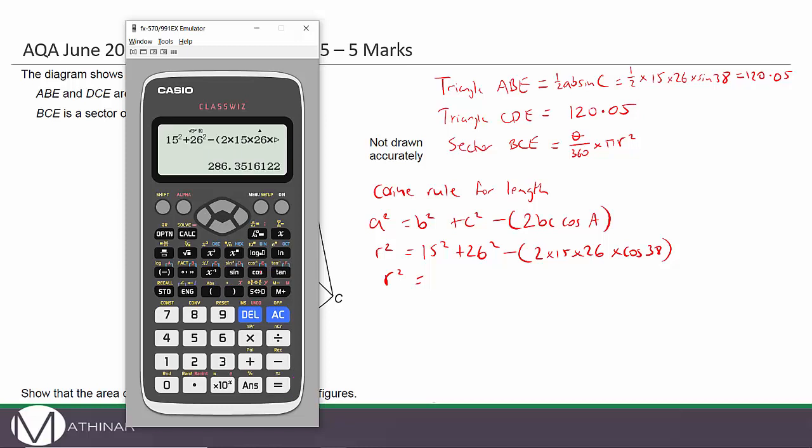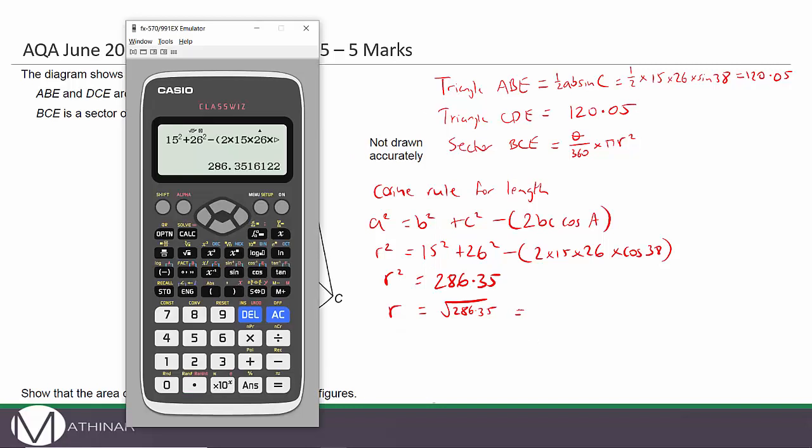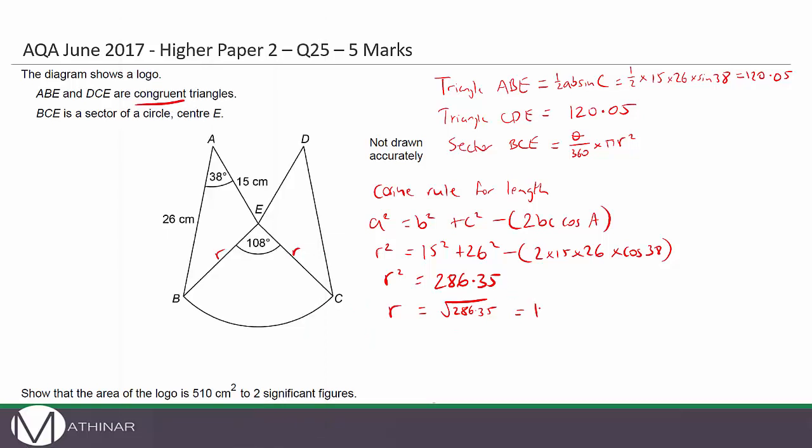And I get 286.35. That's the value of r squared. So r will be the square root of that, which is equal to 16.92.